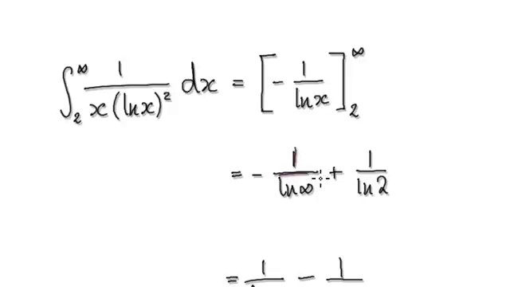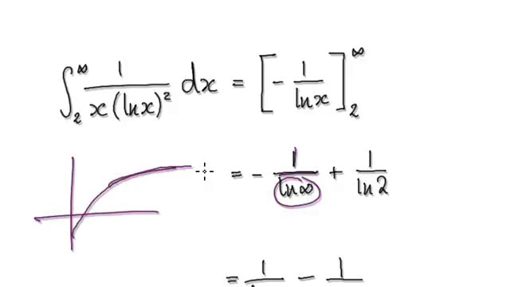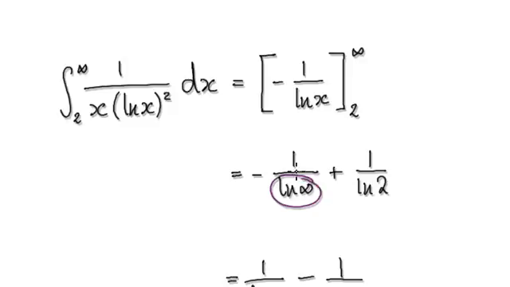Well, anyway, 1 divided by a very big number. Natural log of infinity is going to be infinity. So this bubble here is going to get bigger and bigger. 1 divided by something that keeps on getting bigger and bigger, eventually, it's going to be 0.